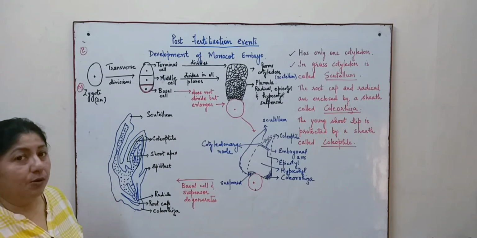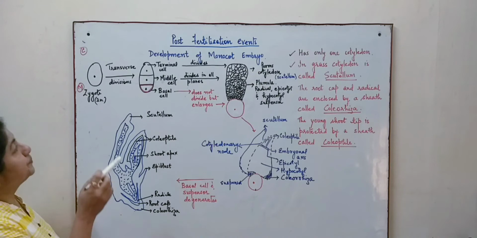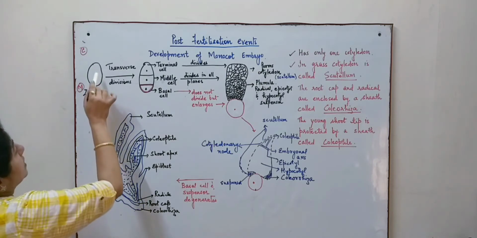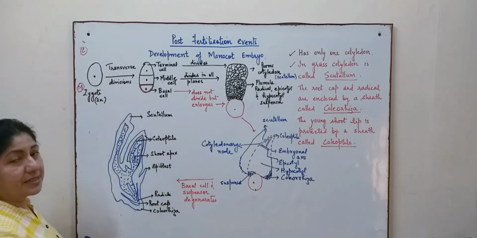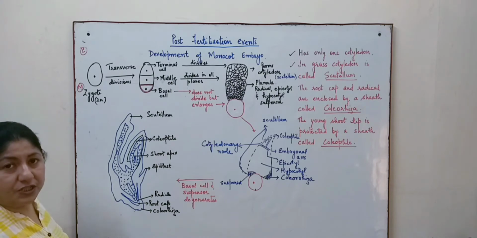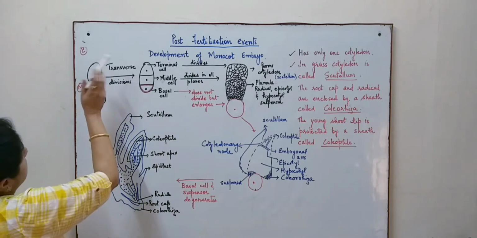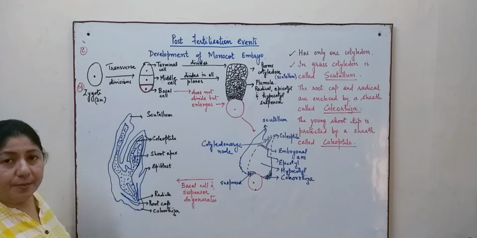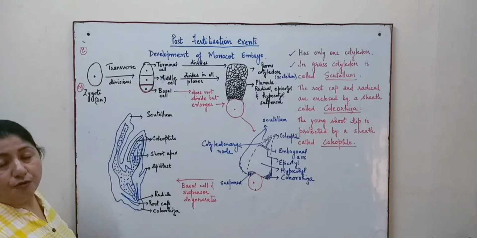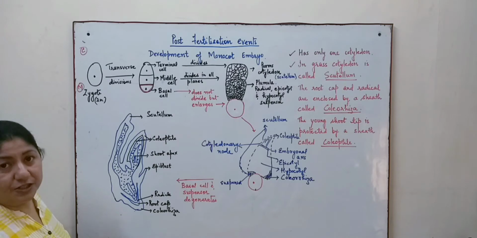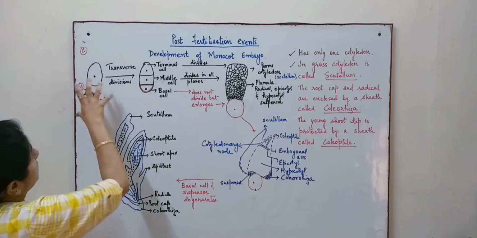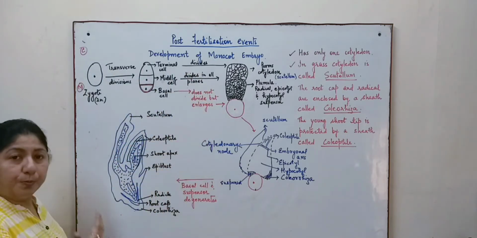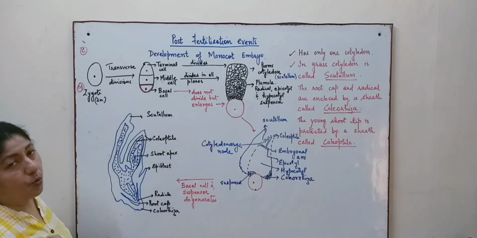Let us study now. Here we know the zygote formation has taken place due to fertilization. And as before, we need to label the chalazal end as well as the micropylar end, to make it easy to understand and to have a clear picture of which part develops into what.